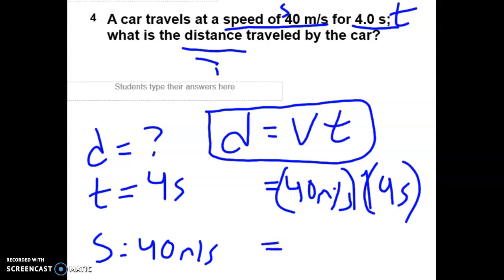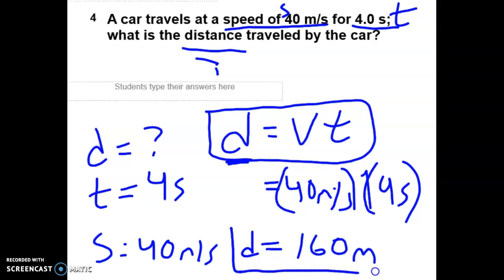That'll equal 160. Now, I have meters per second and seconds there. It's important to know that we're solving for distance, so distances are always going to be measured in meters. You're just going to have to remember that in this case.